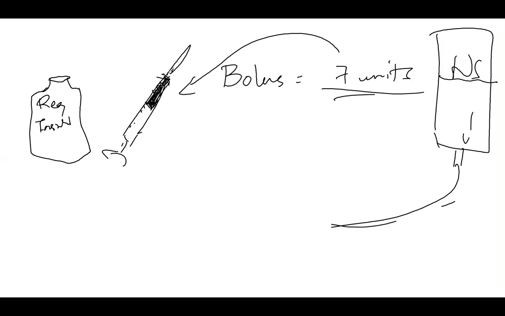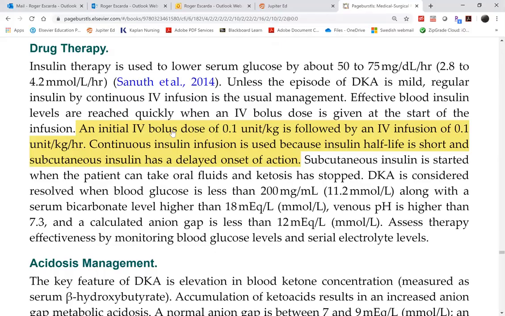So can you administer this straight IV? No, we have to use a piggyback with a normal saline. Well, then it says dilute it. It's an IV bolus though. It's an IV push. It says clearly here, it's IV bolus. So how are you going to give 7 units of IV bolus?